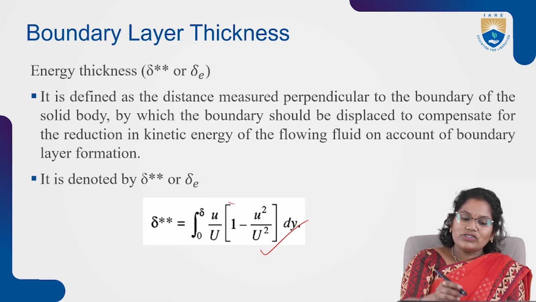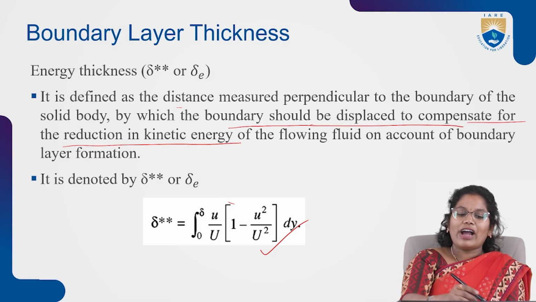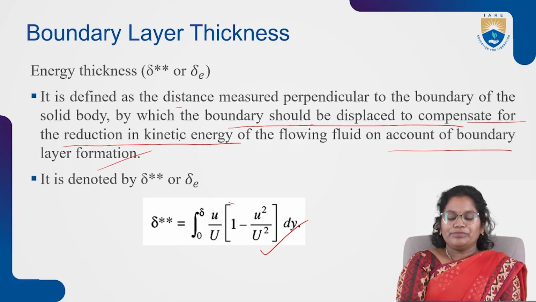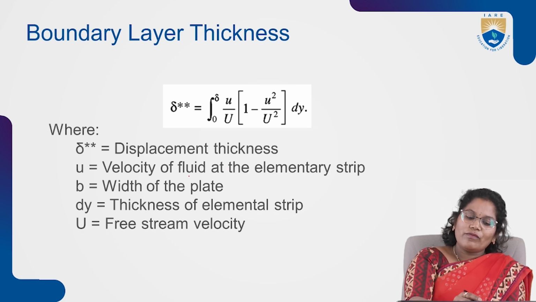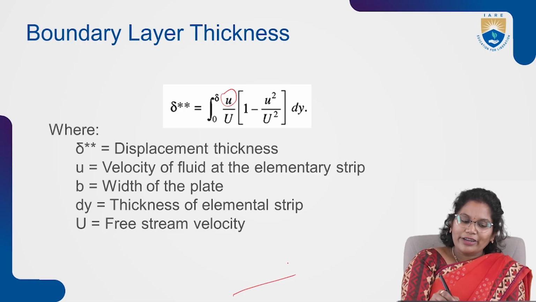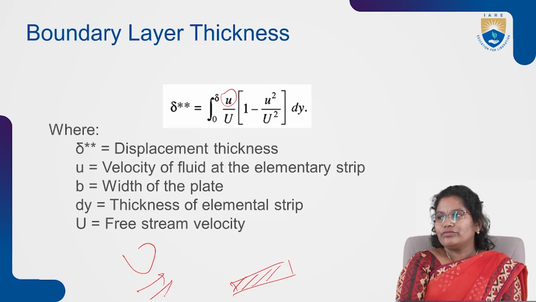This is done because the boundary is displaced to compensate for the reduction of kinetic energy on account of boundary layer formation. Here small u is the velocity of the fluid at the elementary strip, b is the width of the plate, dy is the thickness of the strip and capital U is the free stream velocity.